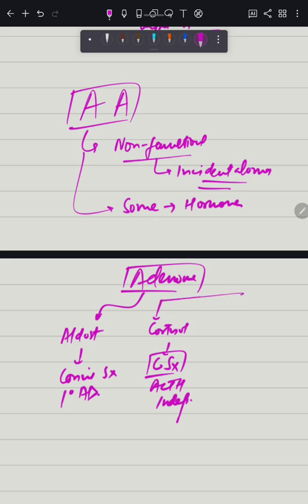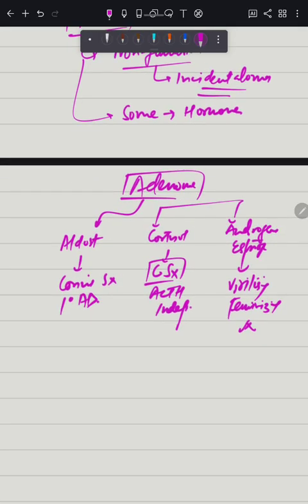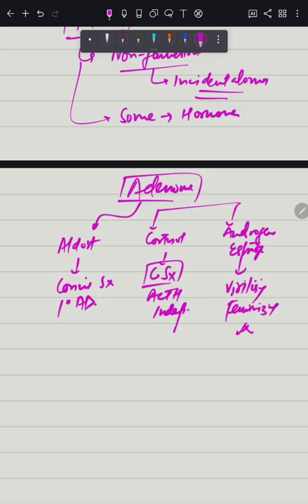If it secretes androgens or estrogen, then it leads to virilizing or feminizing syndromes. They are rare but often malignant rather than adenomas.